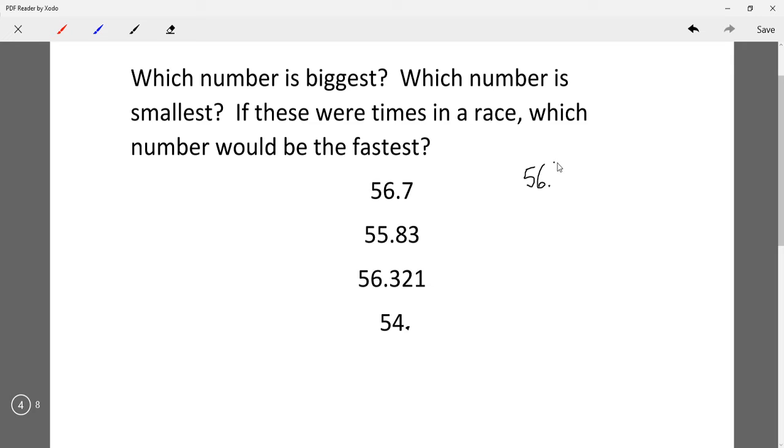Okay. So when I say that, I just mean put the decimal in a line and then make sure that your place values are all in a row, right?